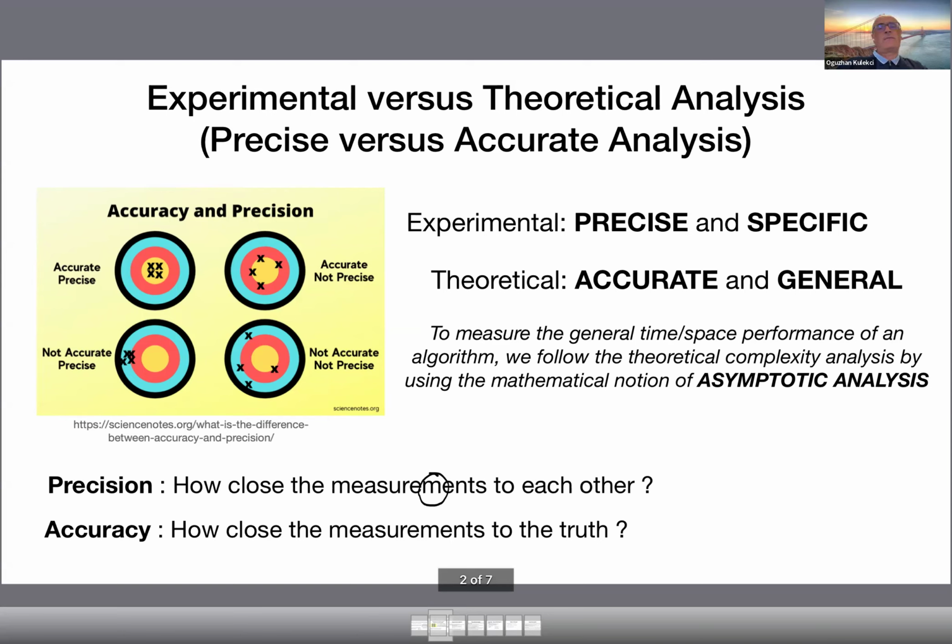That is very easy. We call this the experimental approach, because at the end, you will have the precise metrics, the precise answer to how long it will take to run on a computer and how much space it will occupy. Such an experimental approach will surely provide us a very precise measurement.